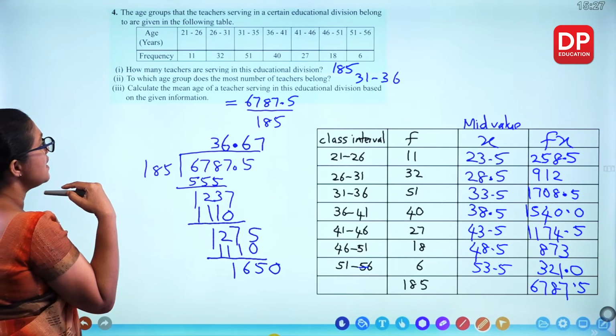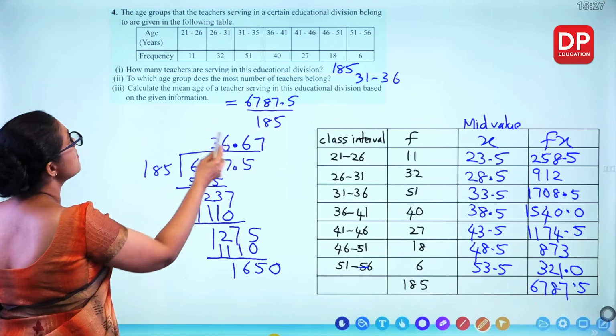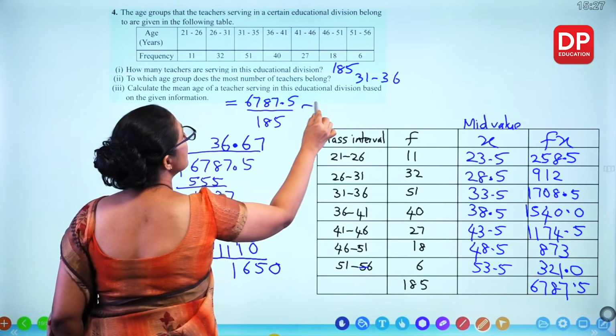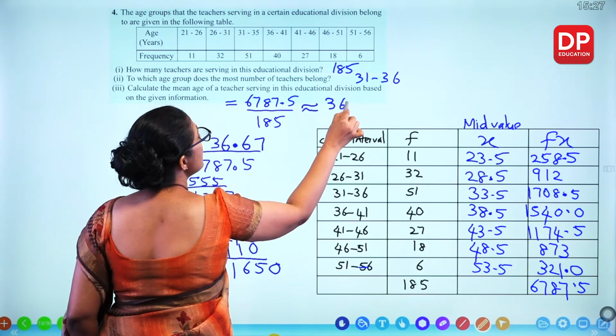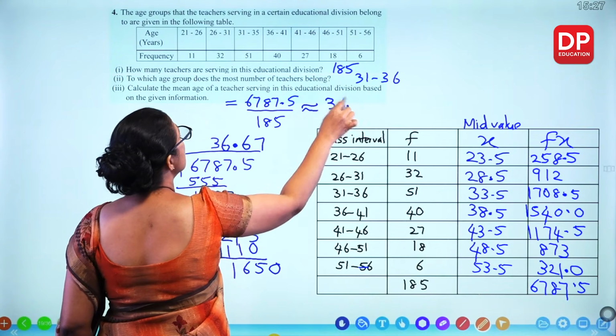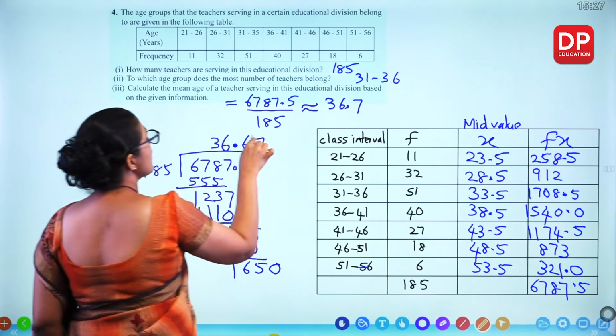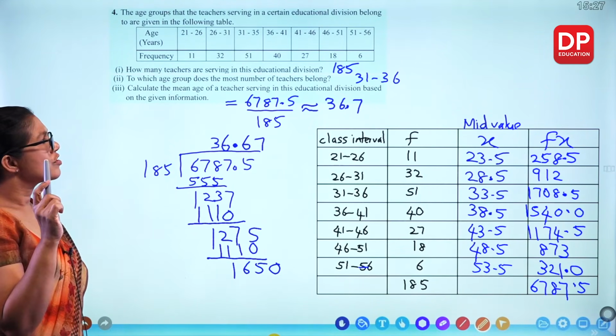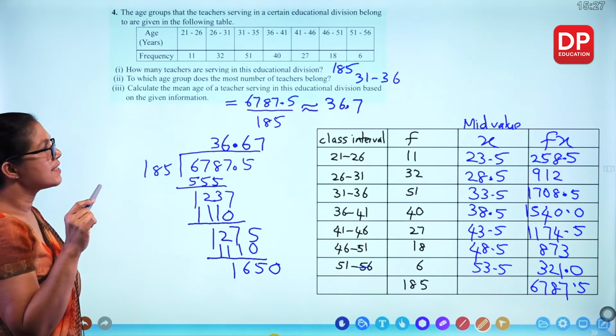So mean correct to 1 decimal place is 36.7. So mean age of teachers is roughly 36.7.